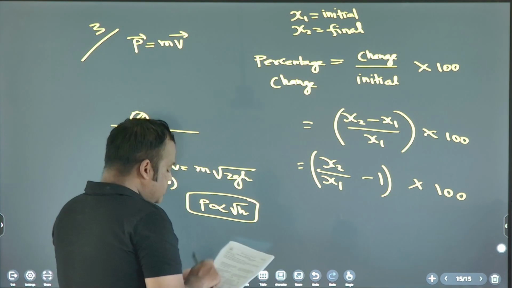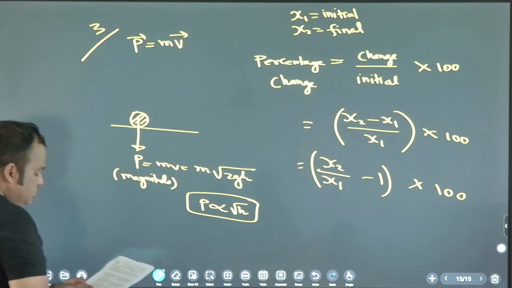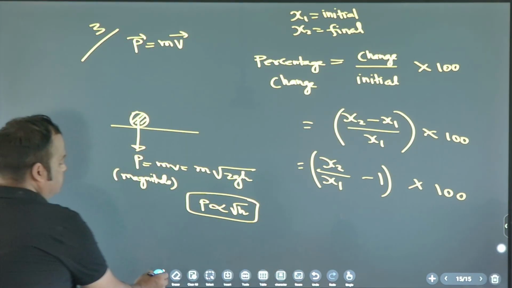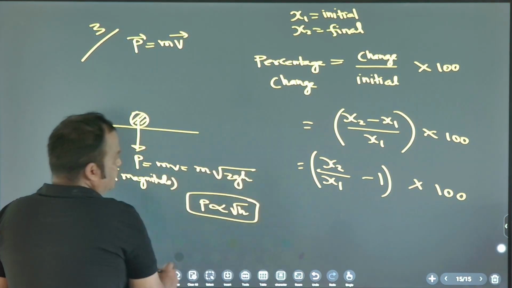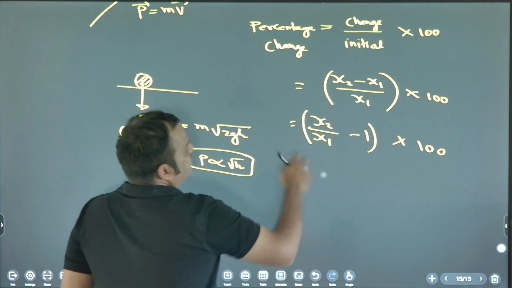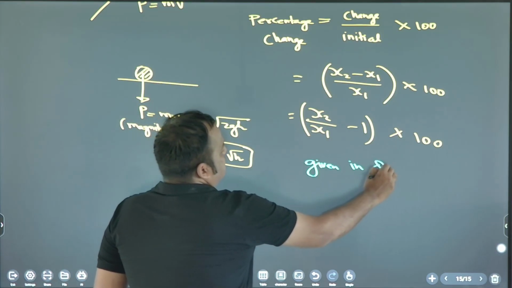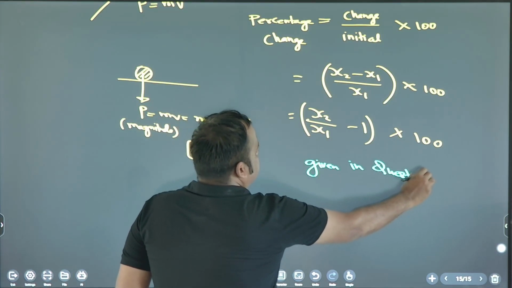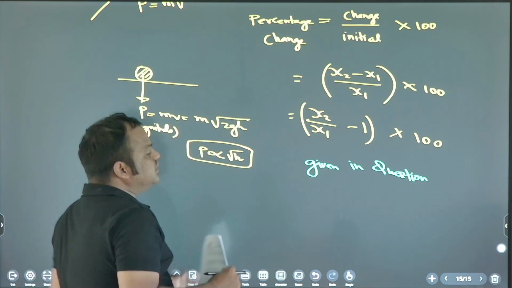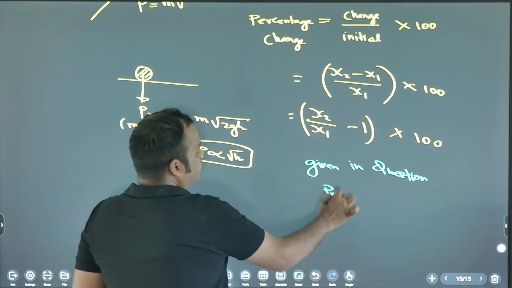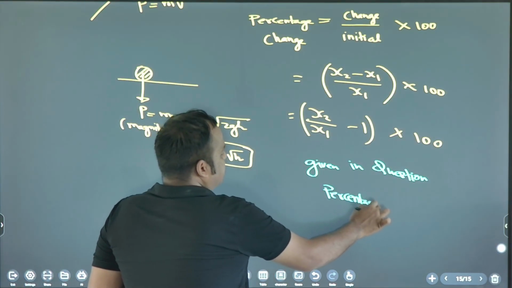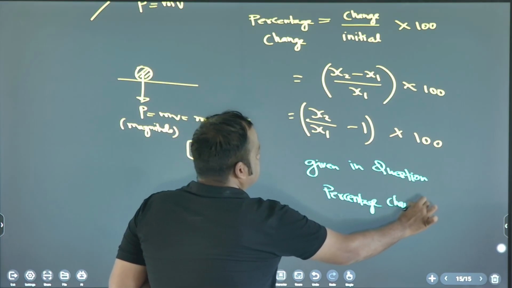Now what is the percentage change in height? 100%. Percentage change in height is 100%, given in the question.